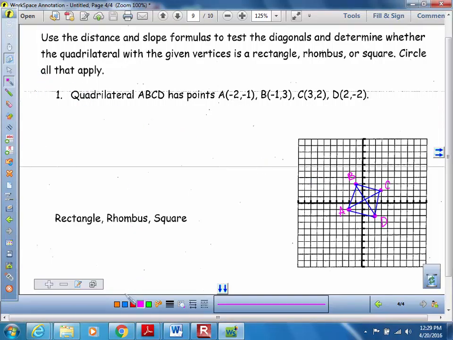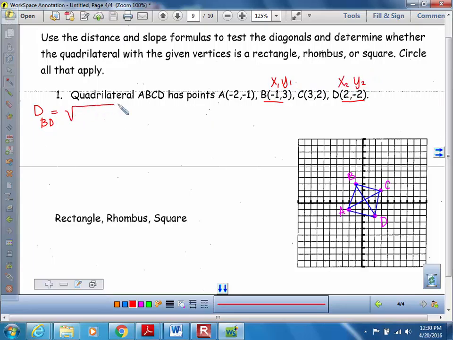So let's look at the distance of BD first. Okay, so I'm going to go up here and I'm looking at B and D, so I'm going to go ahead and label those X1, Y1, X2, and Y2.